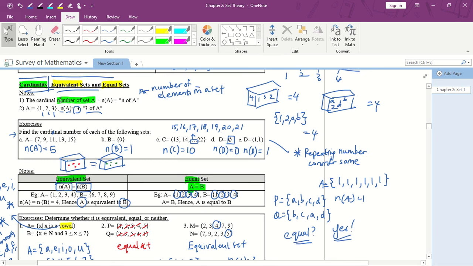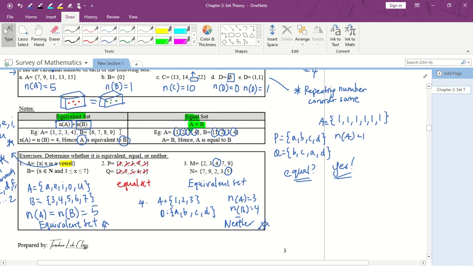We also learned about equivalent and equal sets. Equivalent sets mean that the number of elements in the sets is the same. But equal sets mean that even the elements in the sets should be the same.